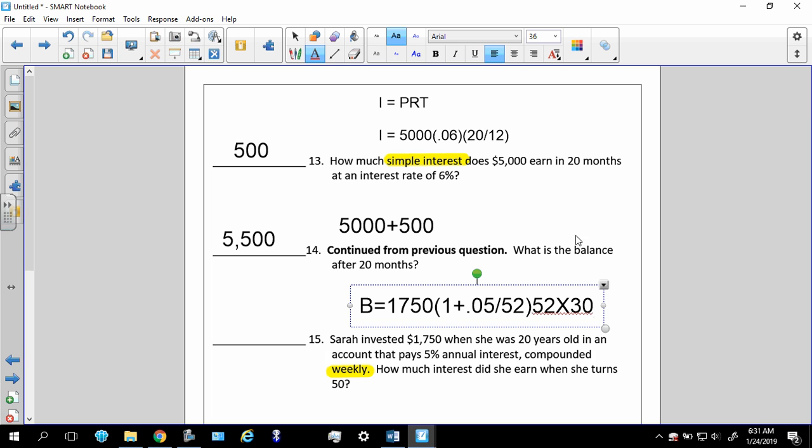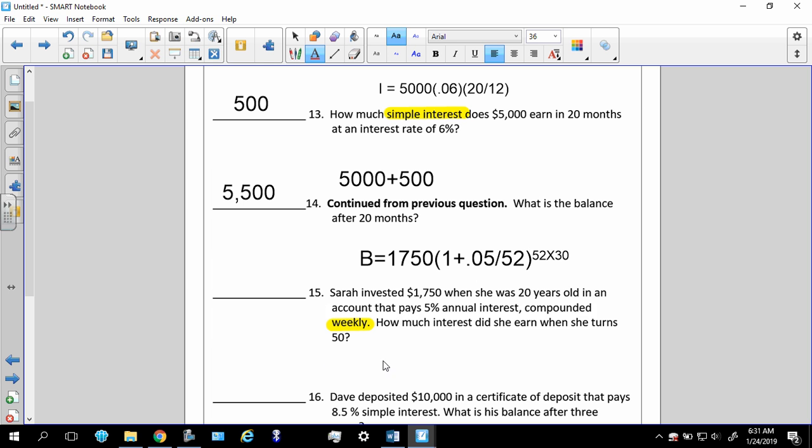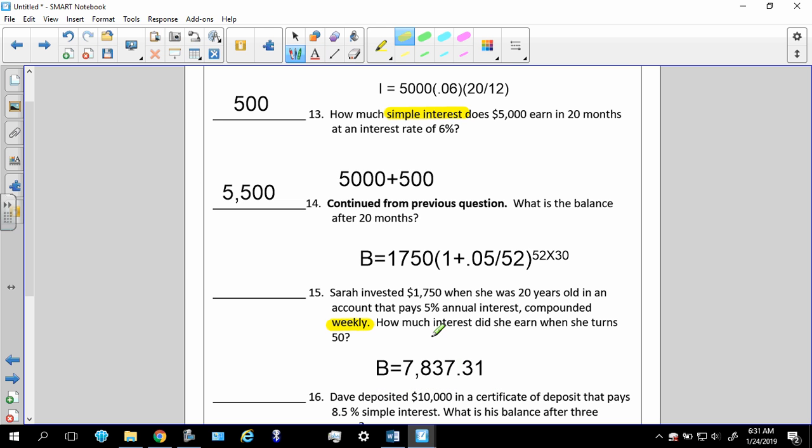So let me take that 52 and 30 and raise it to the power. There we go. So when we do the math, we end up getting the balance is equal to $7,837.31.